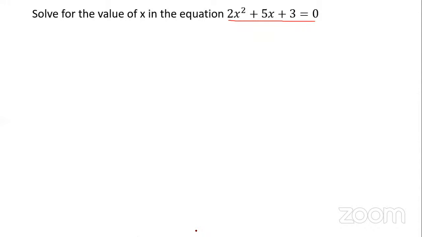So which method do you suggest we should use? I think bulldozer. Thank you. It might be the quickest. Okay, so we are going to use the bulldozer, and then we shall as well see how to solve that equation using factorization.